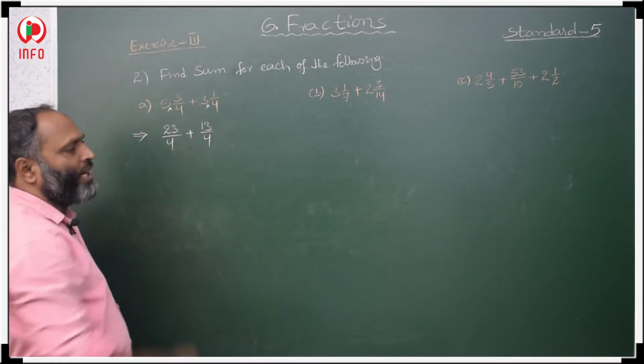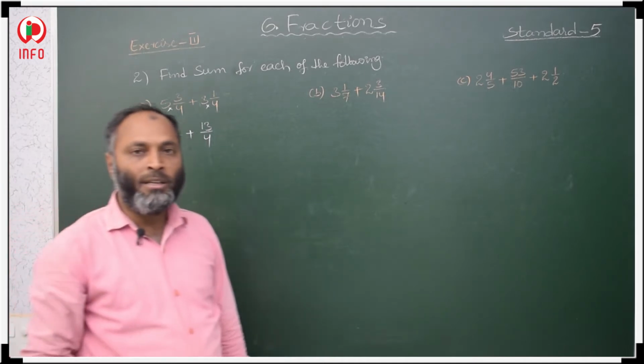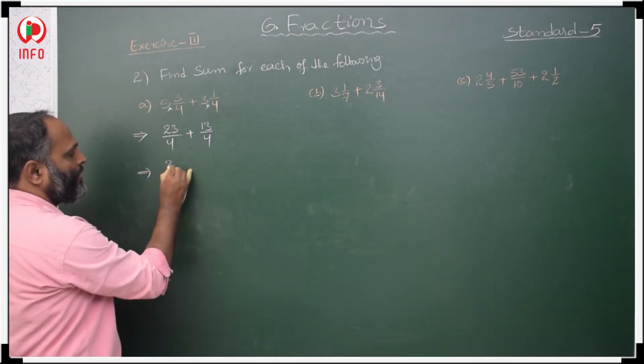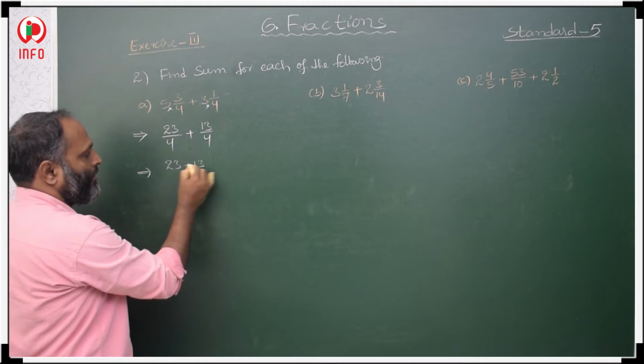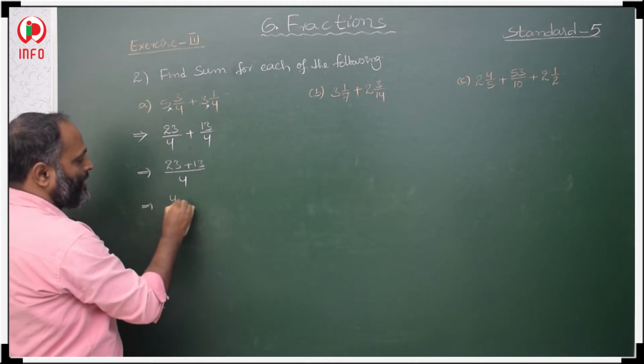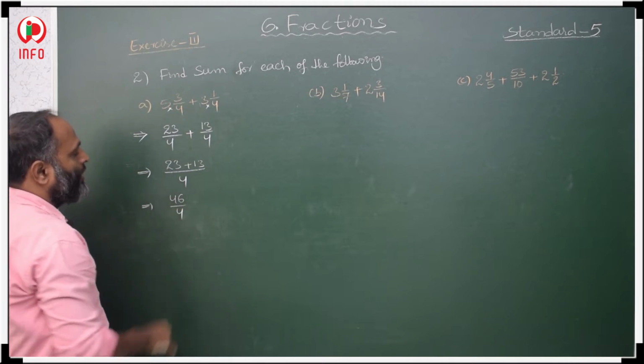Here these two fractions are already like fractions. So just add the numerators, the sum of numerators 23 plus 13 by the common denominator. So that is 36 by 4.